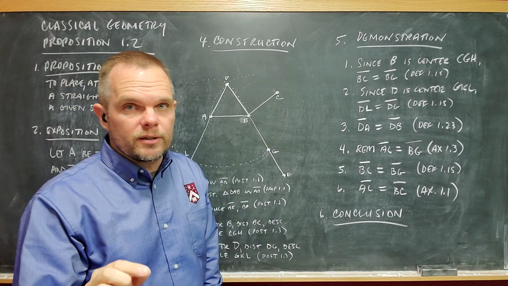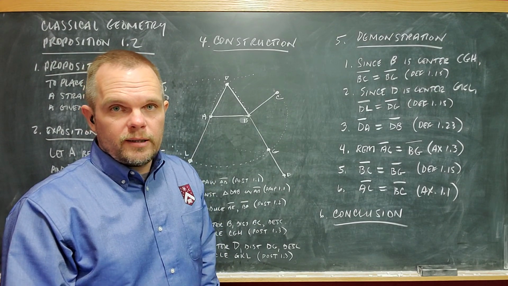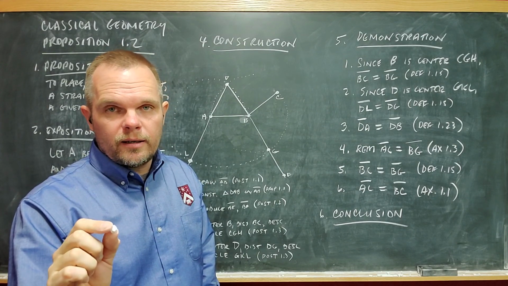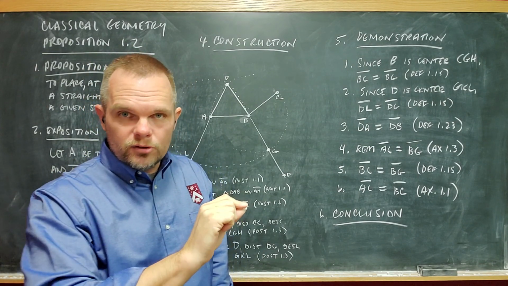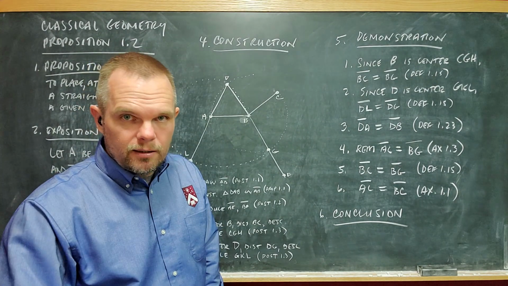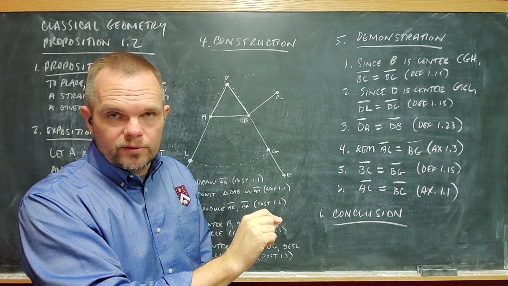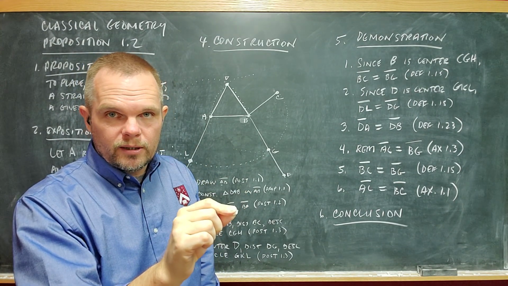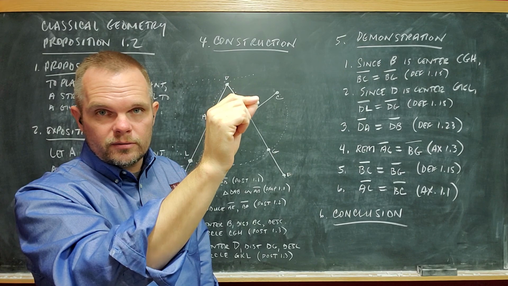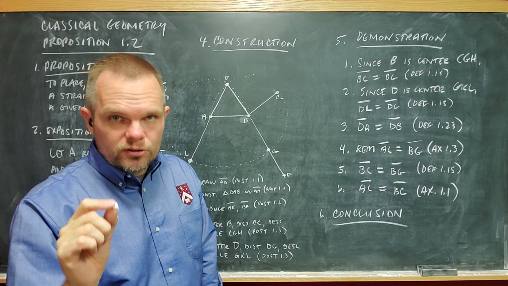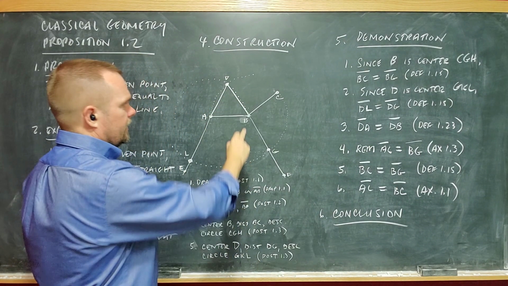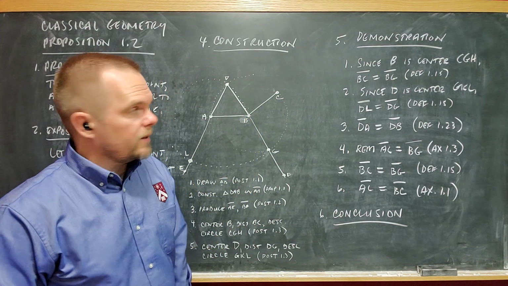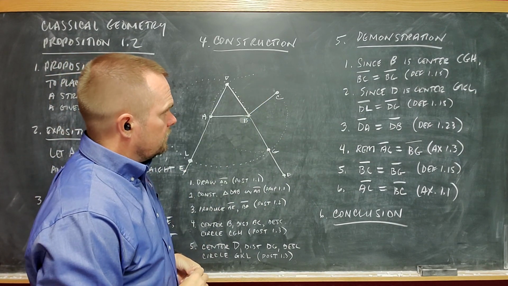The definition of a circle is that any straight line drawn from the center point to the circumference is equal to any other line drawn from the center point to the circumference. So the definition of a circle tells us that line BC is equal to line BG. That's our first point.